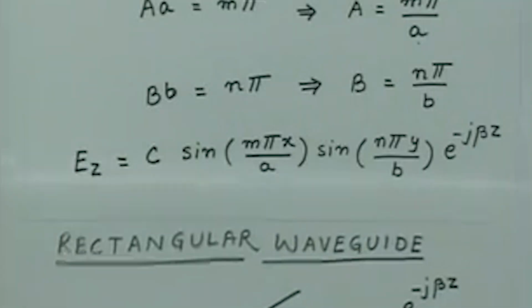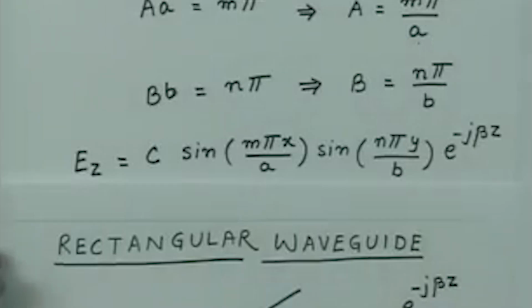So, once we have understood the field behavior for the parallel plane waveguide, visualizing this for the rectangular waveguide is very straightforward, because we have already developed the physical understanding of how the field variation is going to be.